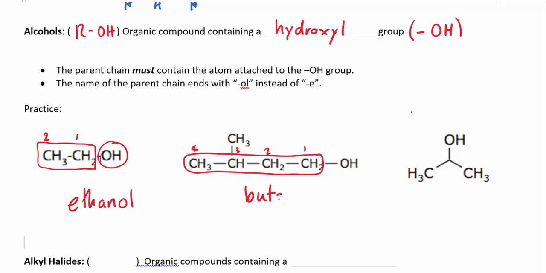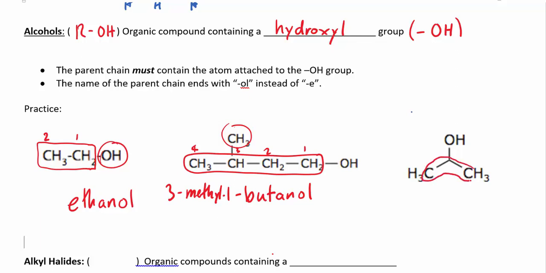There's no double bonds or anything, so it's a butane, except it's got a hydroxyl group, so it's a butanol. Because the hydroxyl is on the number 1 carbon, I'm going to call this 1-butanol. And then I just need to mention the fact that, oh, by the way, there's this branch sticking off here. And so that looks like it's a methyl group, but it's in the 3 position. So this is a 3-methyl-1-butanol. All right, last example over here, I can see my parent chain is this one.